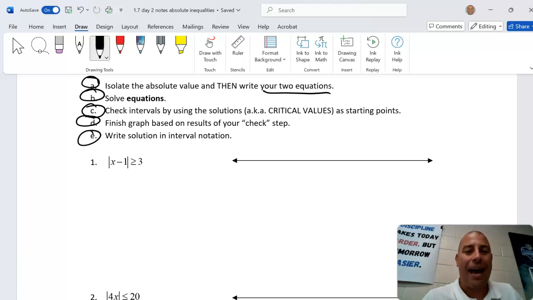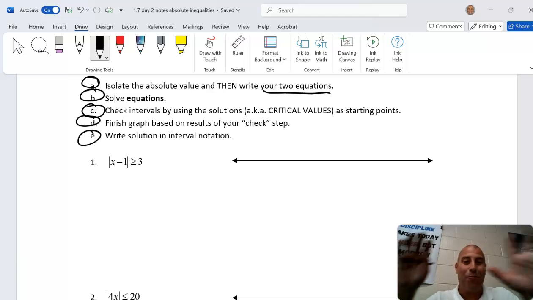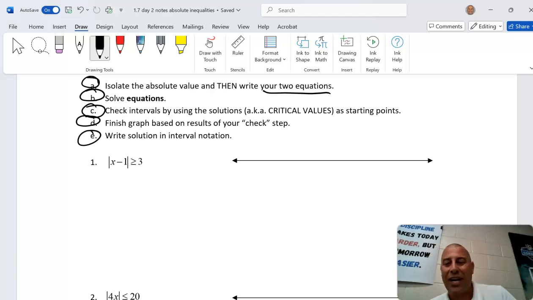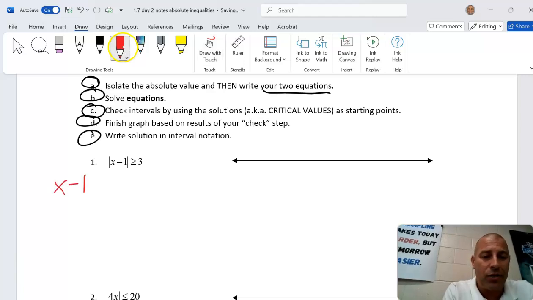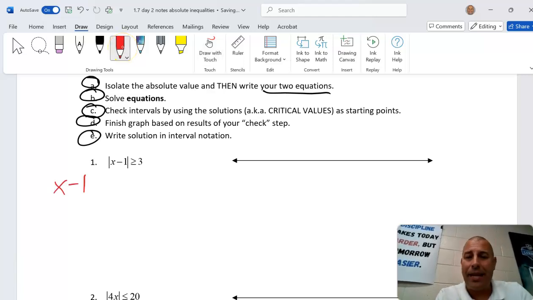So isolate the absolute value. Question 1, it's already isolated. So, okay, check that off the list. We are ready to write our two equations. So, yeah, x minus 1. All right. And we're really just kind of looking at your normal solving equation skills.